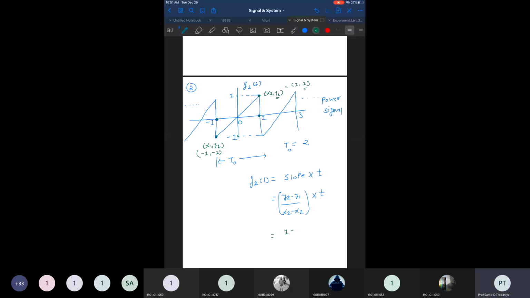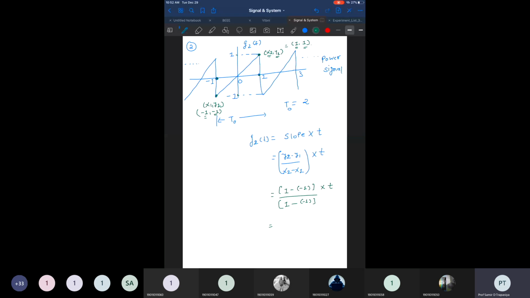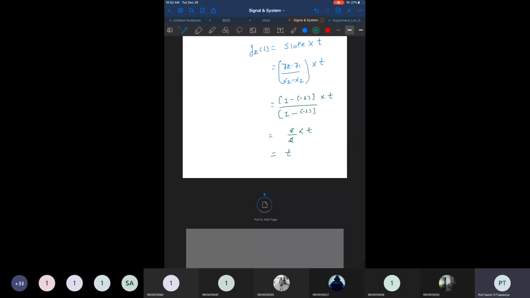Multiply with t. 1 minus minus 1 is 2, so 2 into t over 2; the 2s cancel out. Finally you get g2 of t equal to t. This is not always the case. If the slope is different, t is multiplied with some constant value like 2 or 3, depending on the slope. But now we have found the actual equation that we will follow for our further calculation of the power signal.